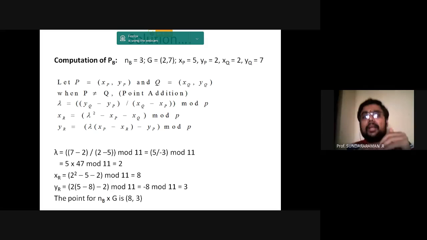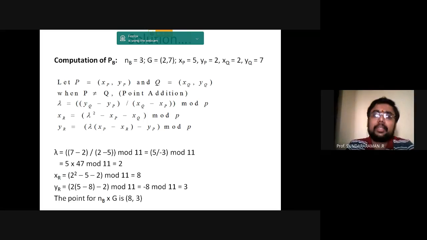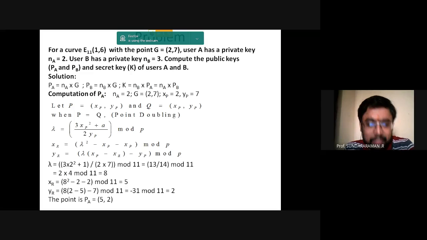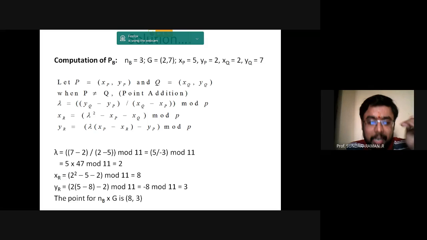But at the user B level, because the value chosen is 3, therefore 3G is equal to 2G plus G. So 1 point doubling operation, after that 1 point addition. I am just using the point which was computed at the user A, but please understand that at the user B level, both point doubling and point addition have to be performed.